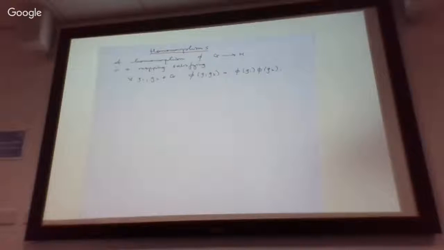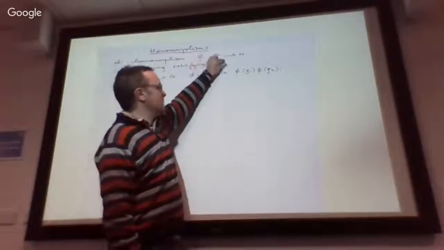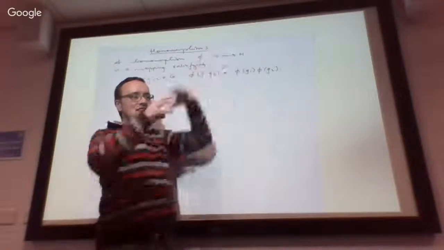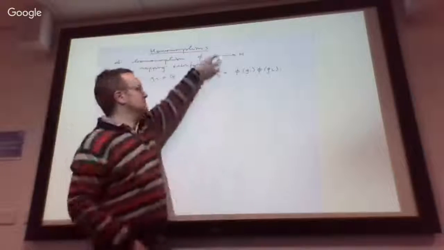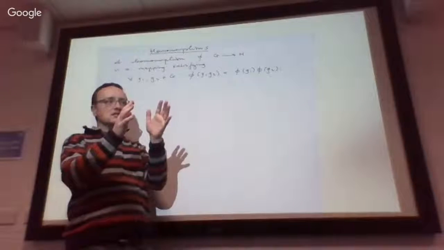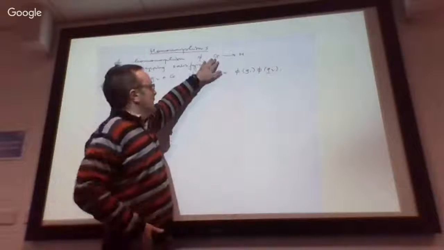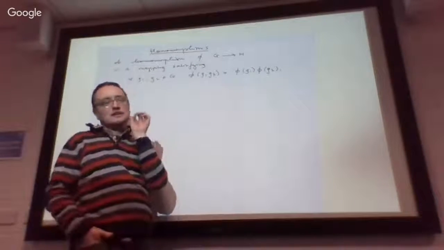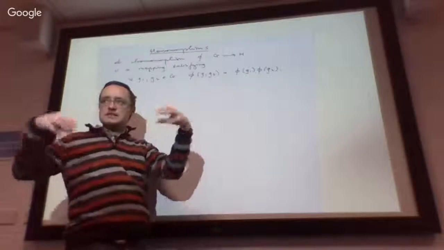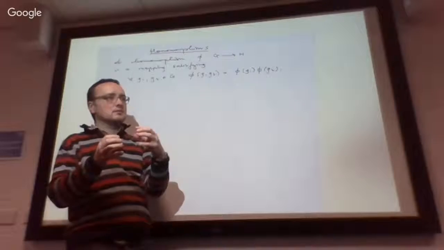It can take different elements of the group G and map them all to the same element in H, thereby losing information about G. Your view of G becomes a bit blurred because you're grouping things together. But that might be good because it might give you a simplified look at G, like when we do the factor group, where you're clumping together the elements of G, losing information about the structure of G but also simplifying it a bit.